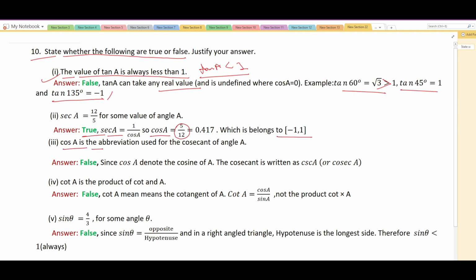Now cos A is the abbreviation used for the cosecant of angle A. This statement is false, since cos A denotes the cosine of A, and the cosecant is written as cosec A.